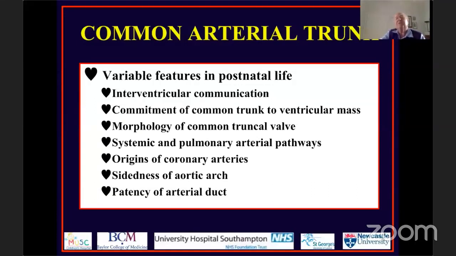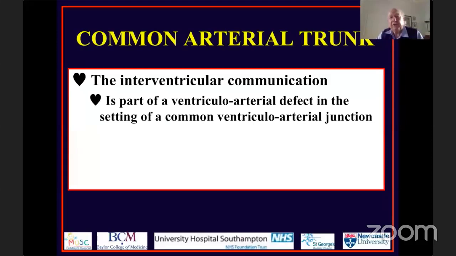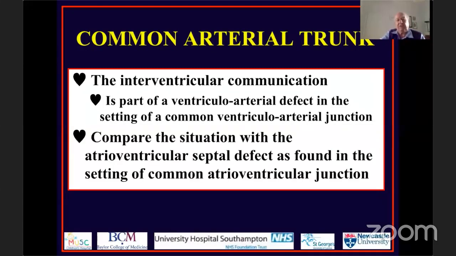So many things to discuss in the setting of these lesions which have in common the commonality of the ventriculo-arterial junction. And it is that feature I'd like to start off considering in the setting of the interventricular communication. Because what I'm going to show you is that when we have this common ventriculo-arterial junction, we have in fact a ventriculo-arterial septal defect.